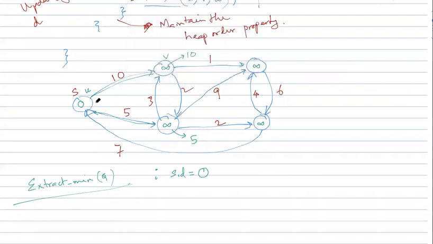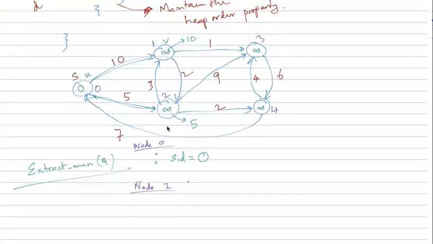So suppose this is 0, and for identification purposes, nodes 0, 1, 2, 3, 4. The next one I'm going to extract, you tell me, because it has got 5 and 10, right? It's going to pick this second node. So first node 0 was picked, and next node 2 will be picked.